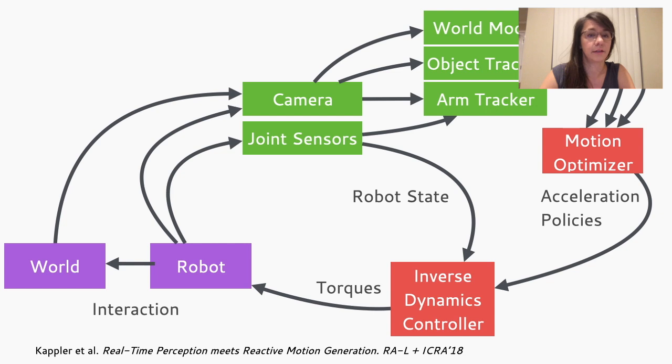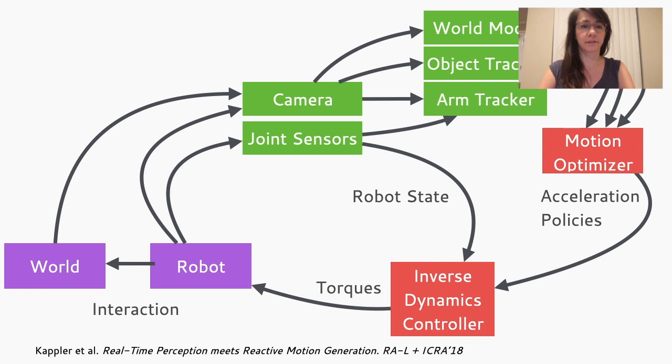Here is a very simplified overview of how the system looks. You see in purple the robot and the world. In green, all the modules responsible for real-time perception. And in red, the reactive motion generation and decision-making systems.